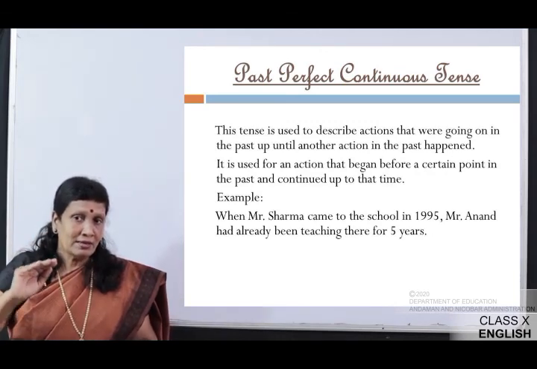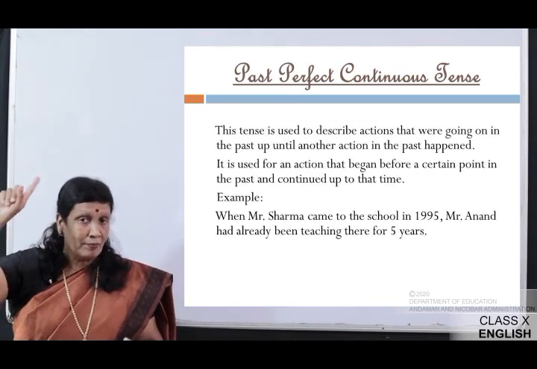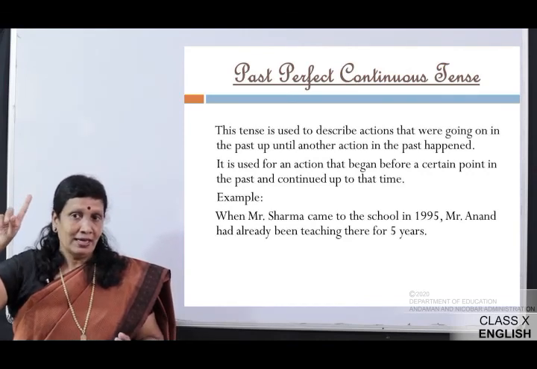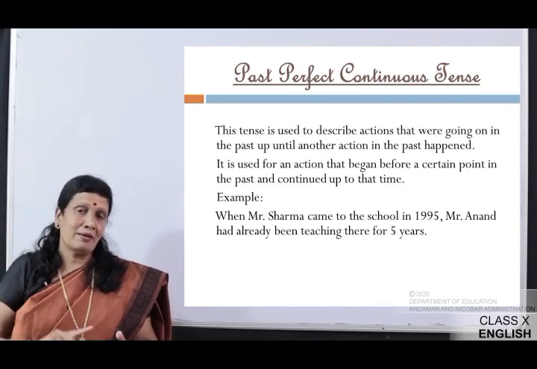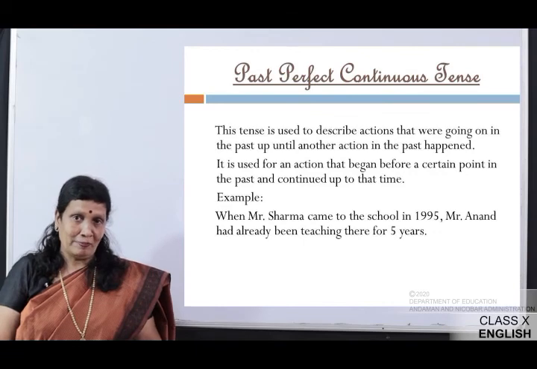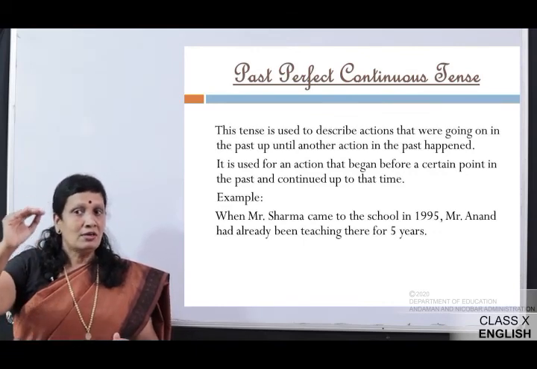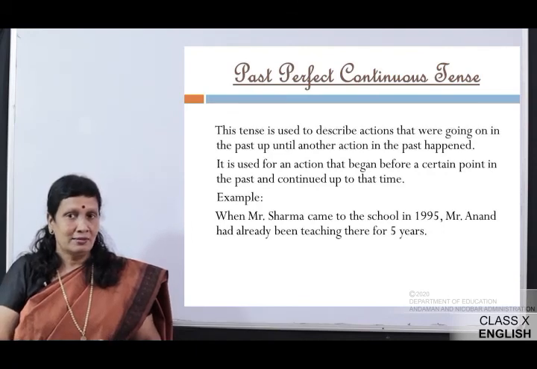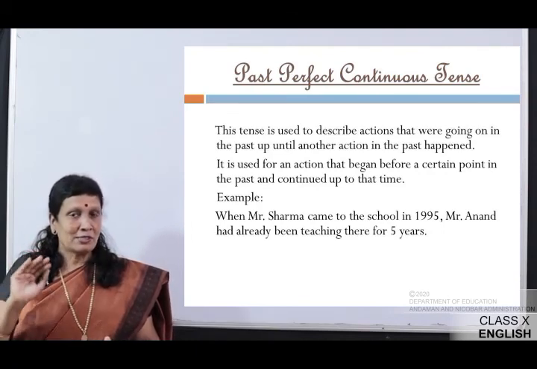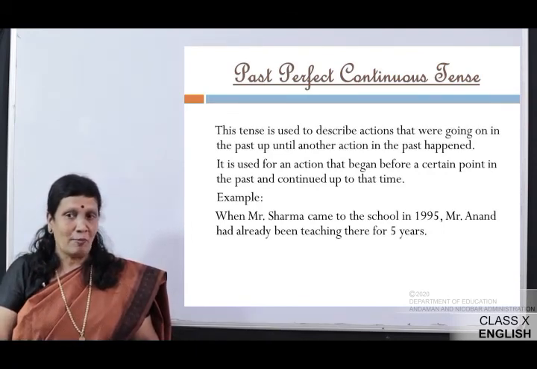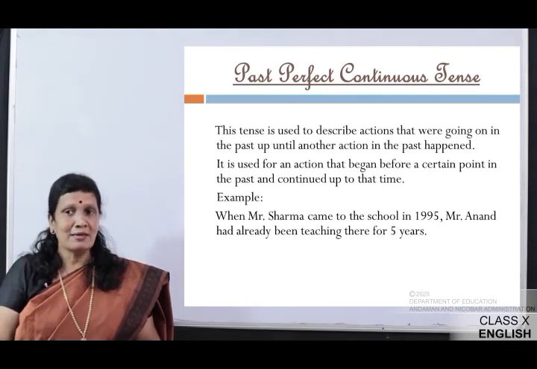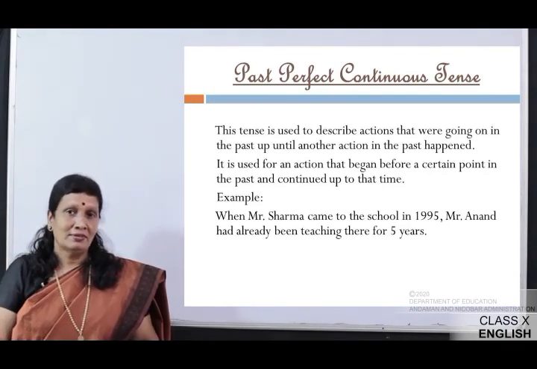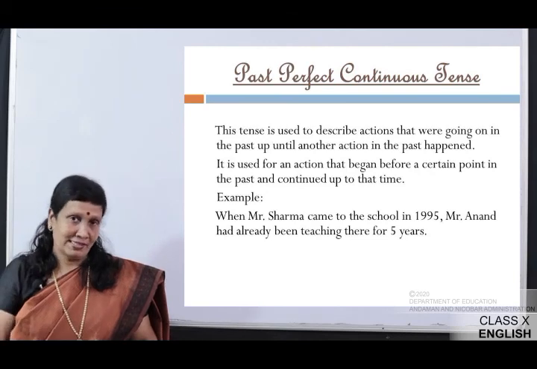Mr. Anand had already been teaching there for 5 years, and then Mr. Sharma came there in 1995. So some action began and continued for some time in the past. Had plus been plus ing form. Had been teaching there for 5 years.